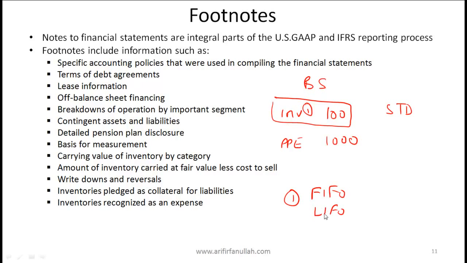We'll see this information in more detail later, but the core point is that the details associated with items on the balance sheet are shown in the footnotes. And hence, for an analyst to truly understand the financial picture of a company, it is absolutely essential to study the footnotes in a lot of detail.